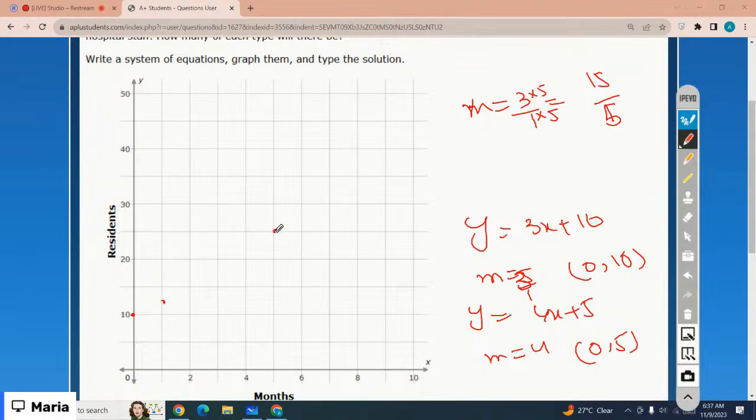So it would be here. Just join these 2 points and make a straight line, like this.